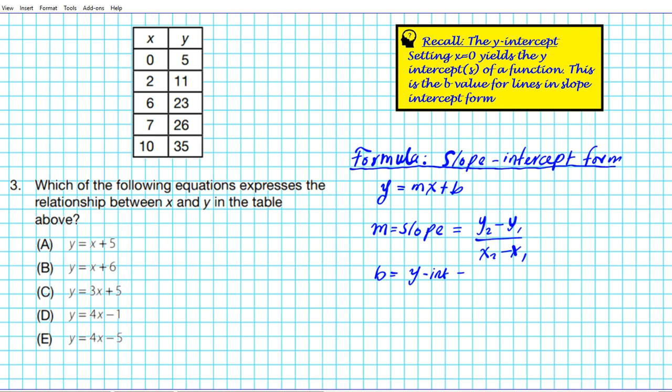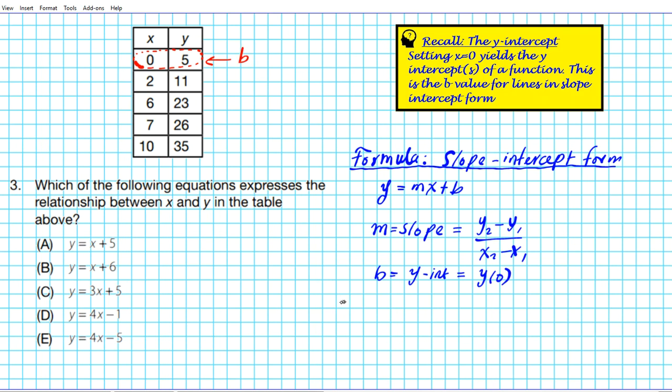One easy way is by evaluating the function at x equals 0, and that gives you the y-intercept. Now, if you take a look at this table, you will notice that the y-intercept has been conveniently provided for us. This table has given us the output value when x is equal to 0. So this y value right here is your y-intercept.